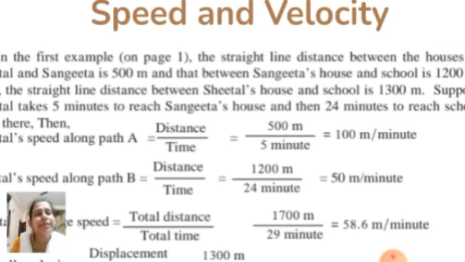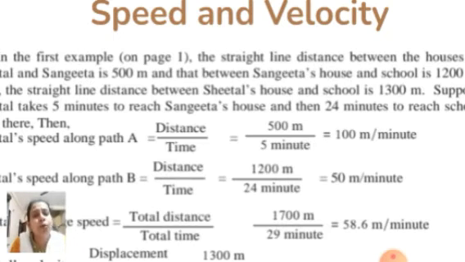Again, we have to calculate the speed, then the formula would be distance upon time. Here the distance from Sangeeta's house to school is around 1200 meters, and she takes around 24 minutes. If you calculate, it would be 50 meters per minute. That means her speed has reduced. Earlier it was 100 meters per minute, that means in 1 minute she walked around 100 meters. Now here she walked only 50 meters in 1 minute.